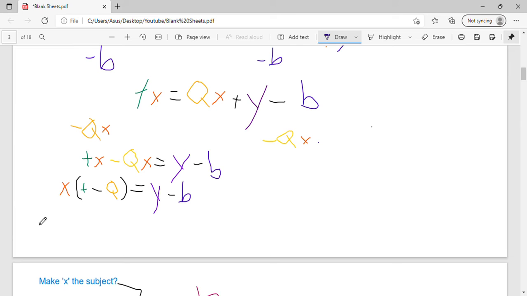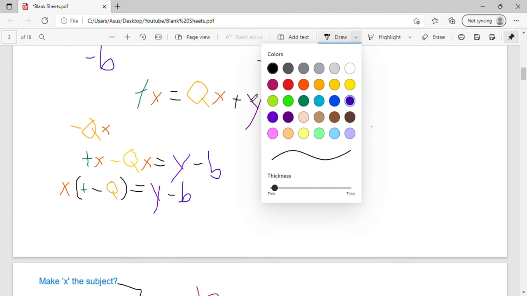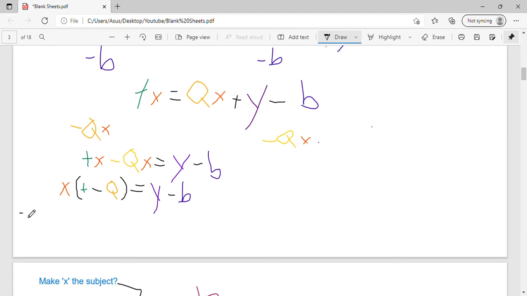So let's do that. Divide by t minus q on both sides.